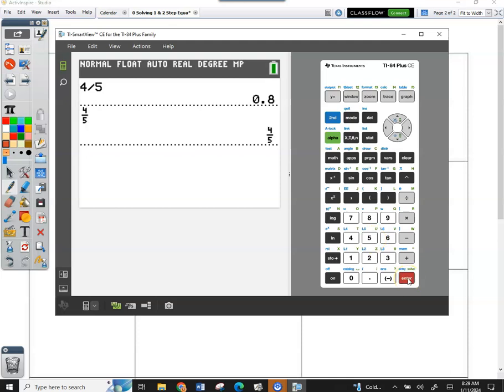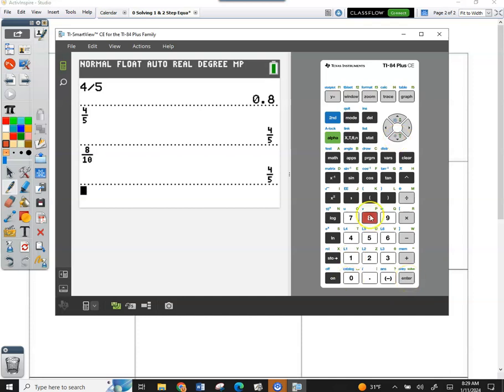The other nice aspect of the stacked math print form is if it's a fraction that will reduce, because you typed it in as a fraction, it's going to return it as a fraction. So let me show you what I mean by that. Let's do one that reduces. Let's do 8 over 10. Okay, so alpha, y equals 8 over 10.